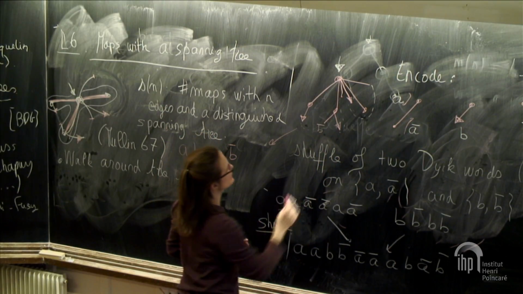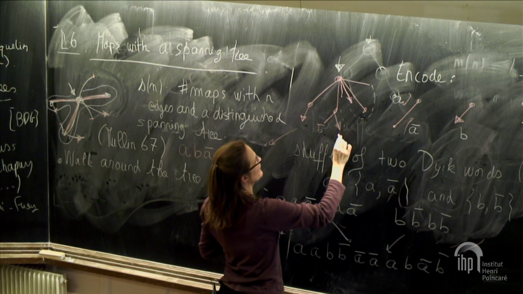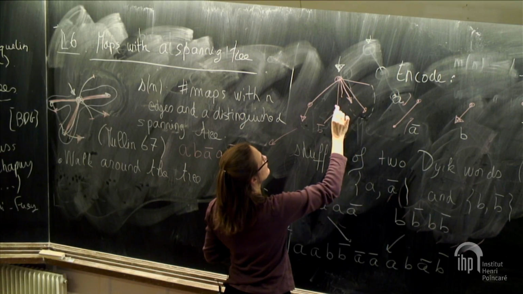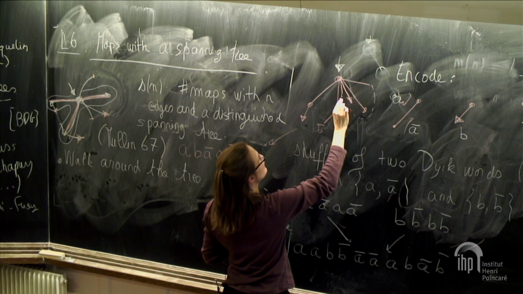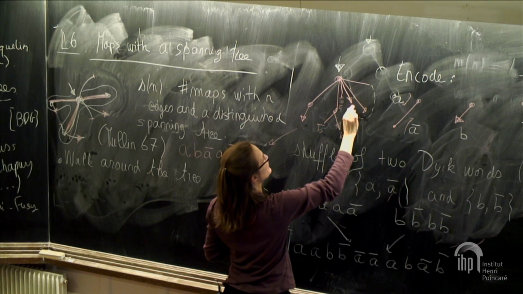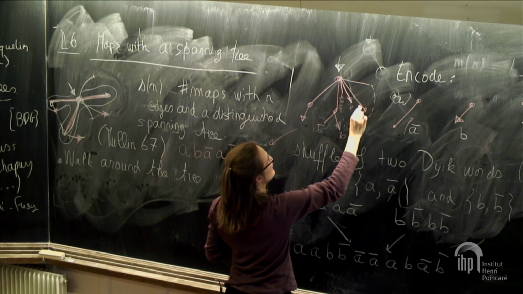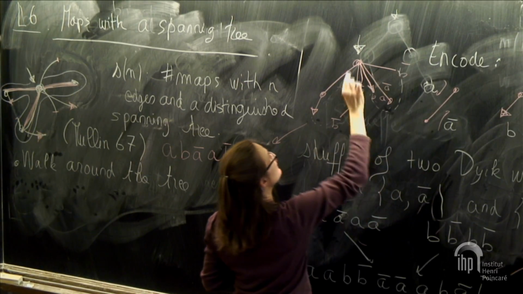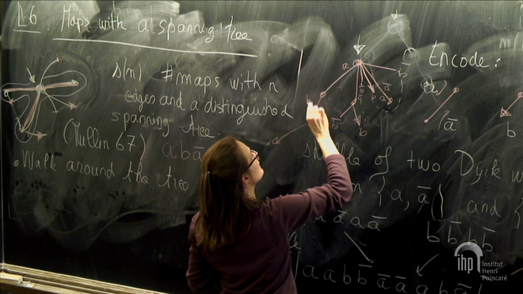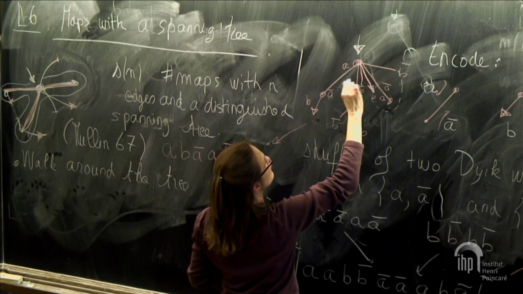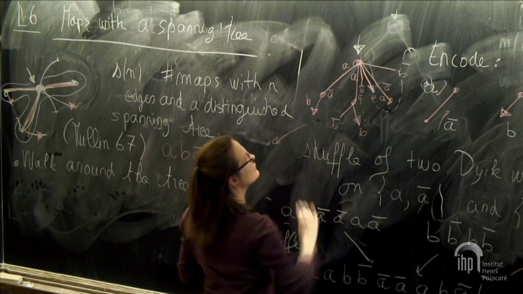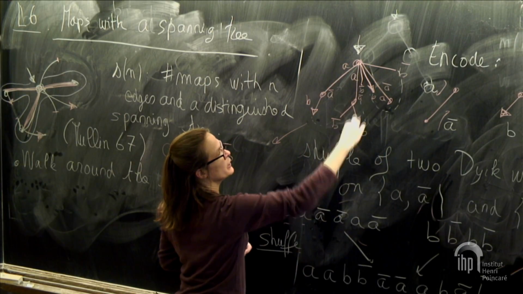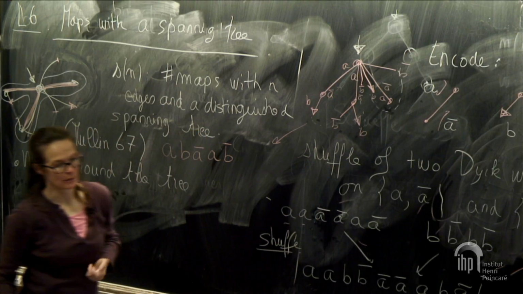Maybe I should write it here directly. So that's a B for leaf. Here I have A bar, B bar, B, A bar, B bar. So here I had A, B, A bar, A. So my word is obtained cyclically by going around the tree.